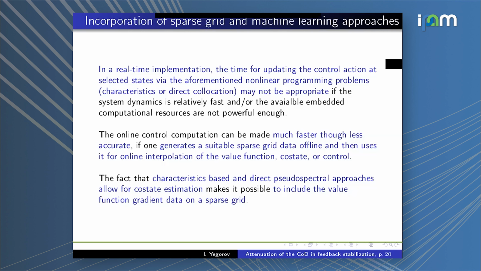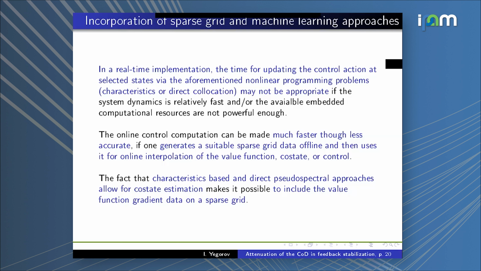So in a real-time implementation, we sometimes cannot recompute the control by solving the whole optimization problem. So we can just try to make this online computation faster, though it may be less accurate.